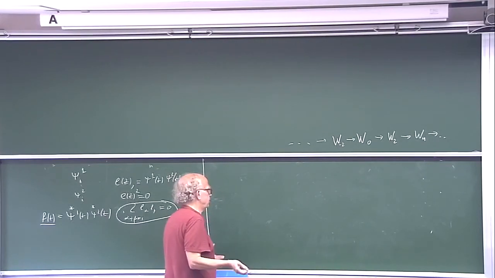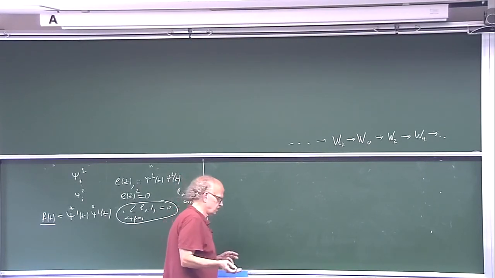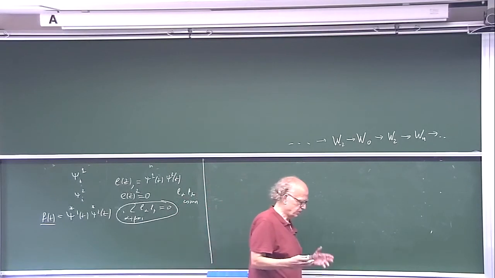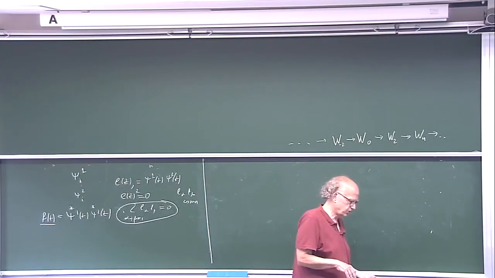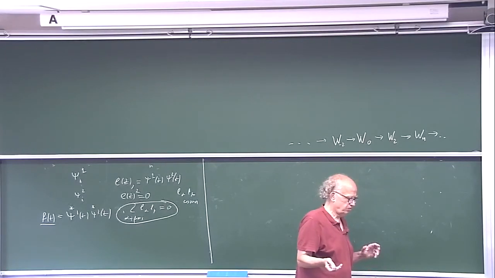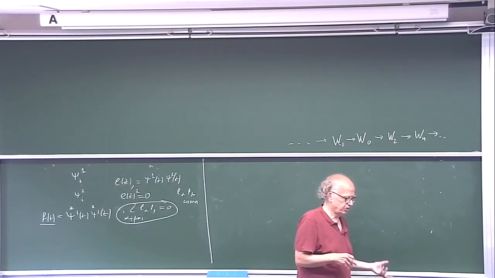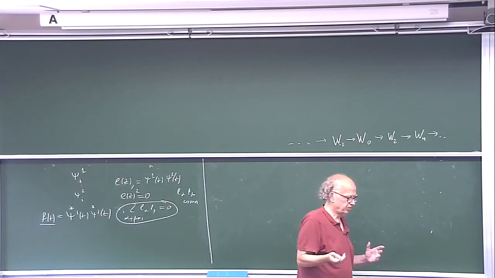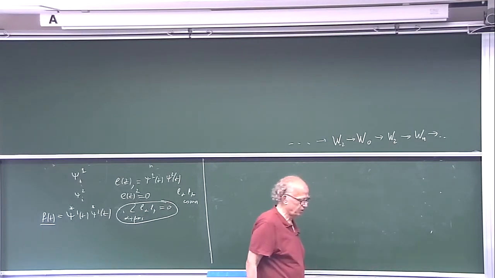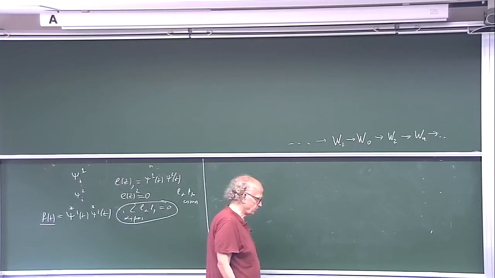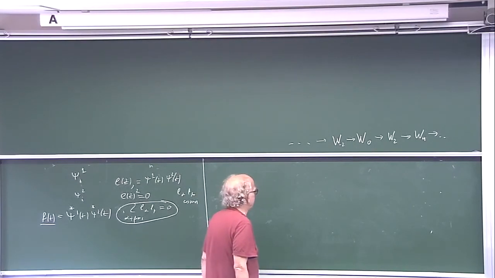We can derive it from representations of SL2 hat, or we can derive it from algebraic geometry of affine flag manifolds, which appear in my talk. Definitely, I cannot avoid it, but maybe not today.